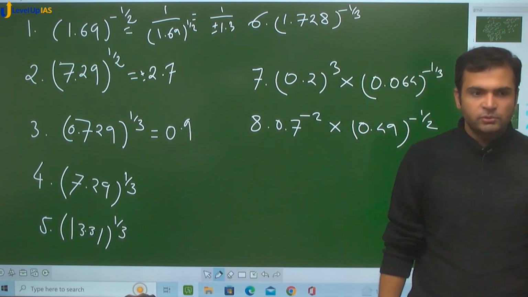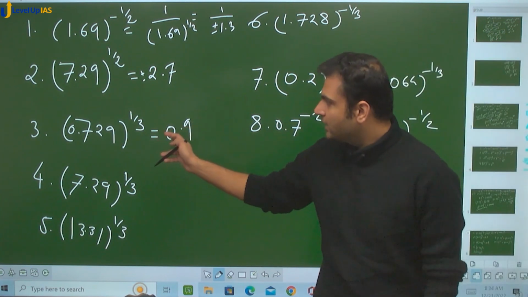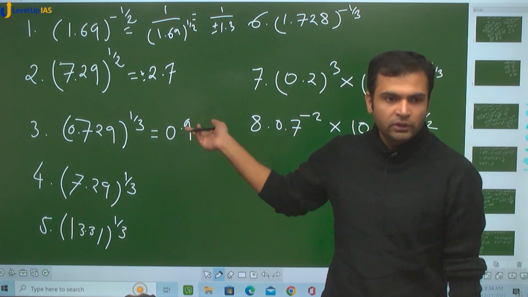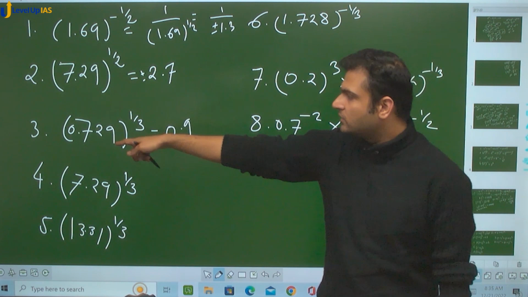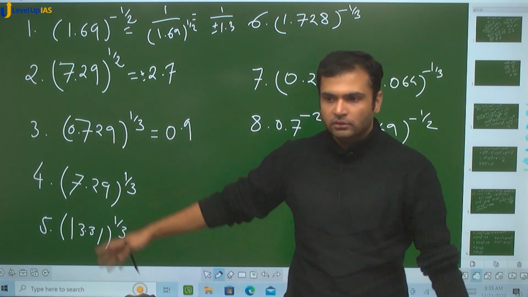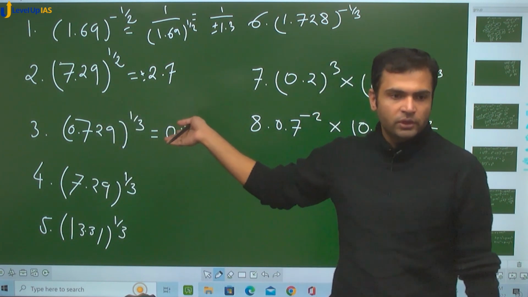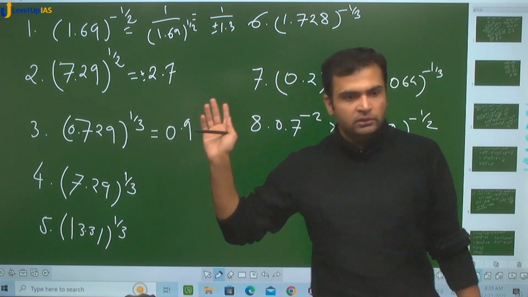Should I write plus minus? No, because if I write minus 0.9 into minus 0.9 into minus 0.9, what will it be? It will be minus 0.729. Minus into minus 3 times, the negative sign would come. So the cube root of this particular number is only positive. Other roots would not be real.